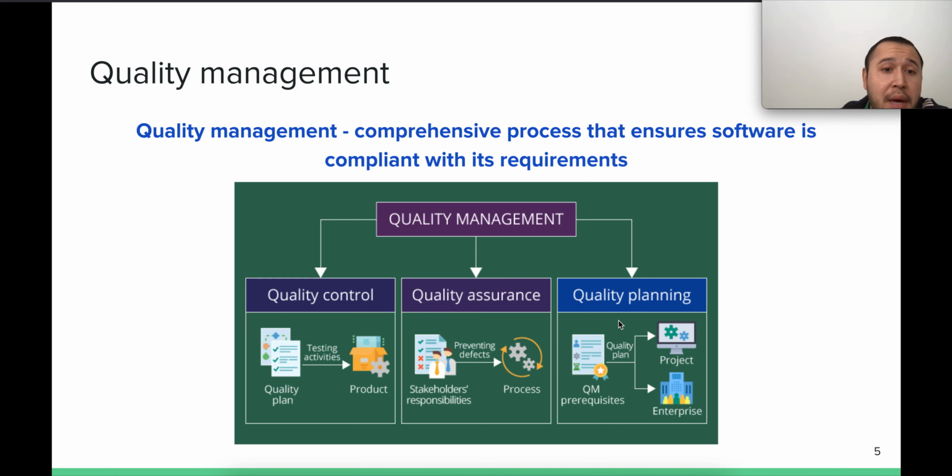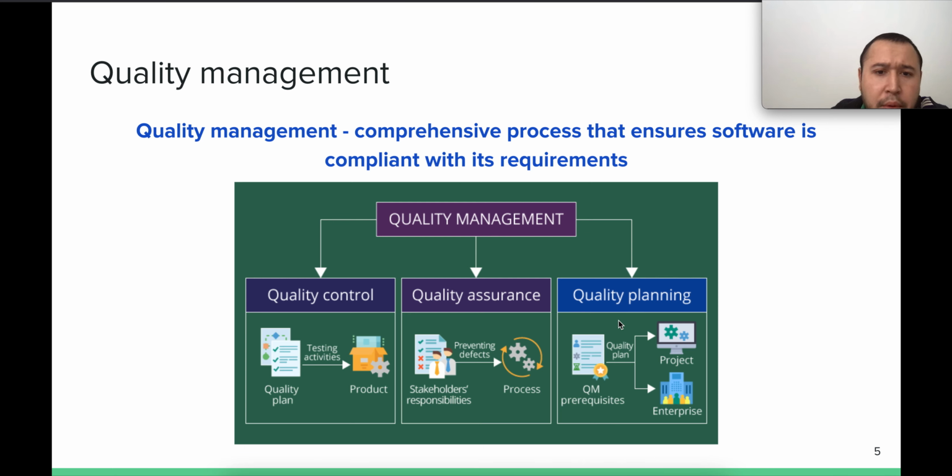So quality management is the way to achieve these desirable attributes, right? Quality management itself also contains several phases, such as quality control, quality assurance, and quality planning, right? You can guess by the names what these phases are.